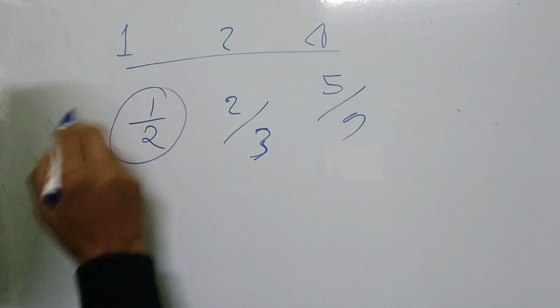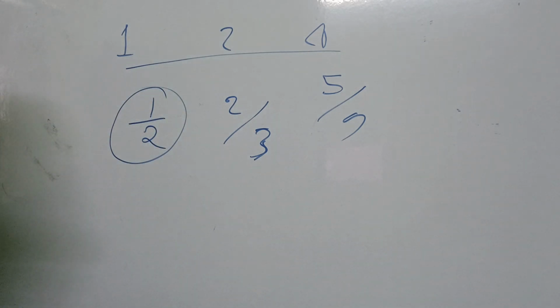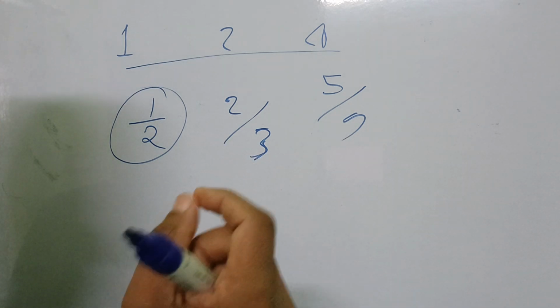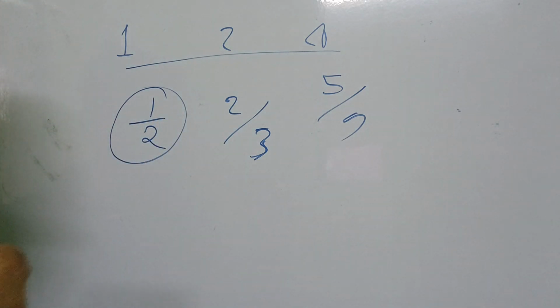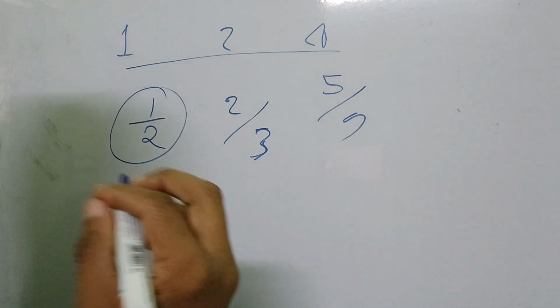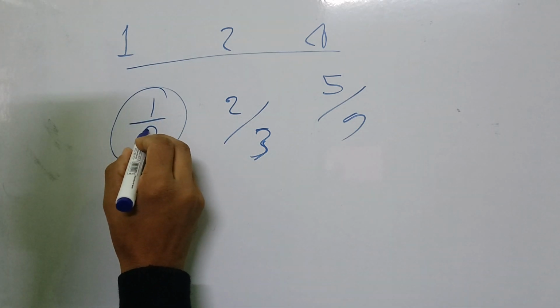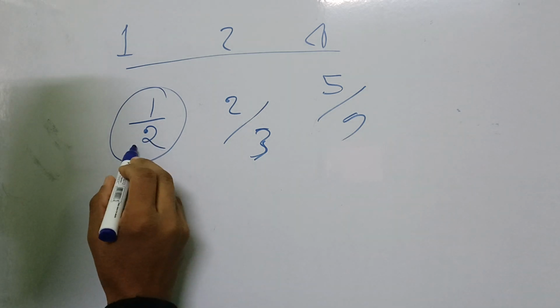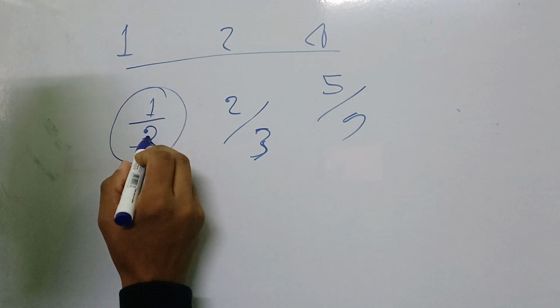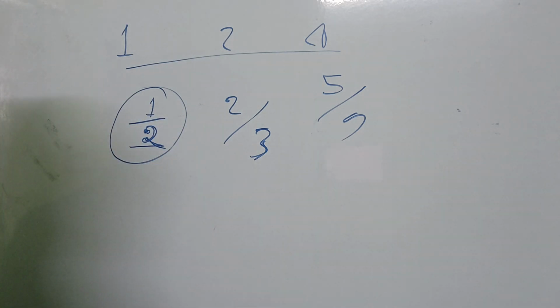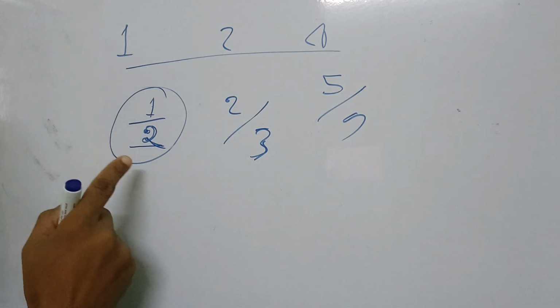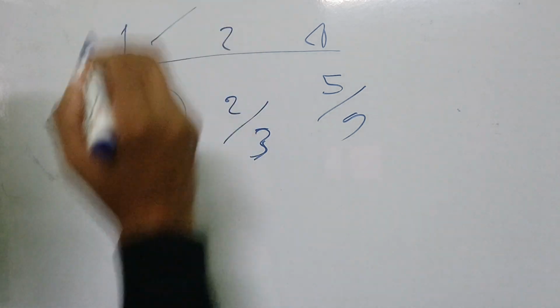This means if you have a chocolate and you are breaking the chocolate into two equal parts, and you take one part, among these two parts you are taking one part. This is 1 by 2 or 1 upon 2. This is called a fraction. All these are whole numbers.